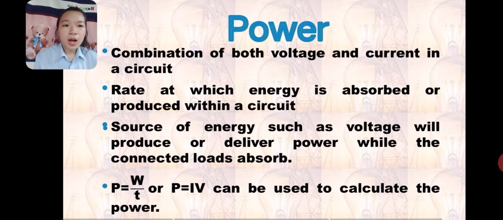Then the power can be calculated by using the formula P equal to W over T, P equal to IV, or P equal to I squared R, where W represents the energy in joules, T represents the time, I represents the current, V represents the voltage, and R represents the resistance.